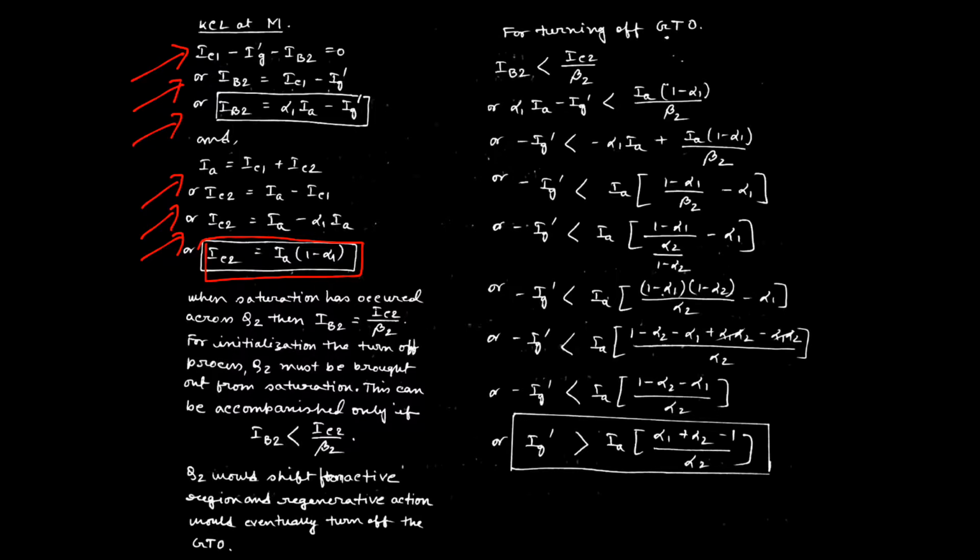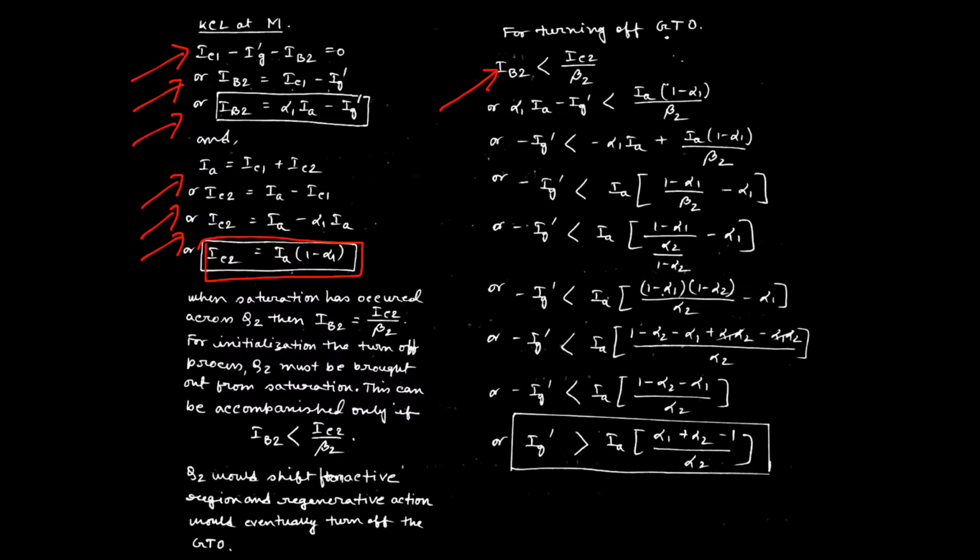That is why Q2 would shift from the active region to the regenerative region. That means we can say the GTO will be turned off. So, to turn off the GTO, IB2 must be less than IC2 by beta 2.